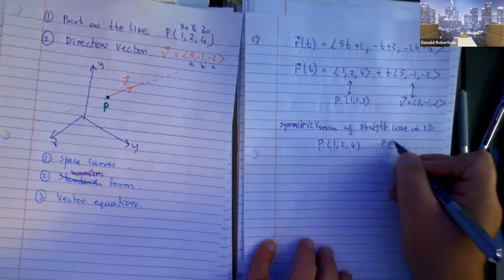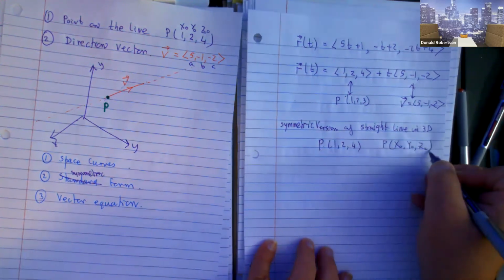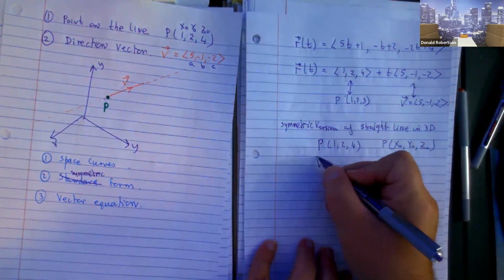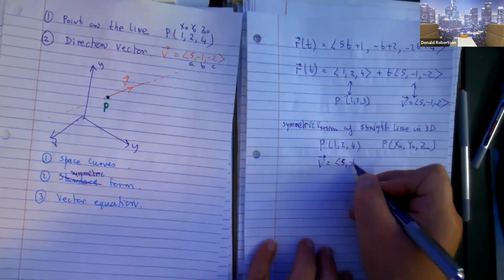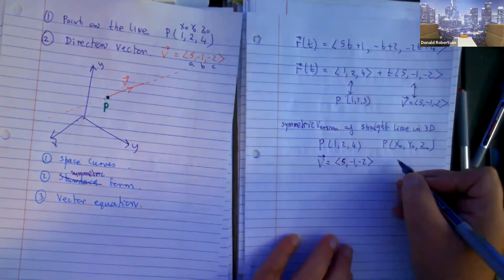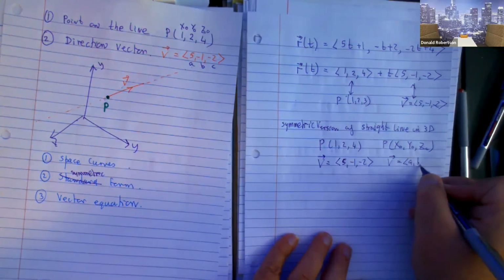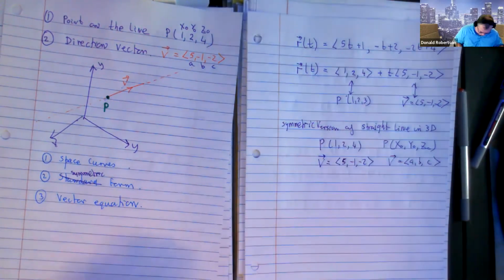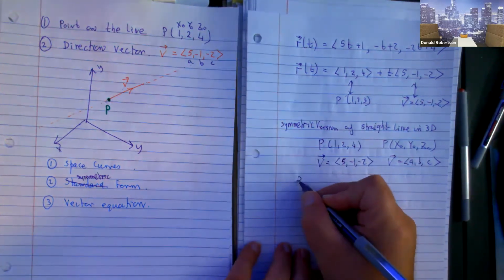That's basically the x naught, the y naught, and the z naught, if you want to generalize it. And you've got V, which is your direction vector. And that's essentially, in this case, (5, -1, -2). But in general, you could just call it A, B, and C. The symmetric version of a straight line looks like this.